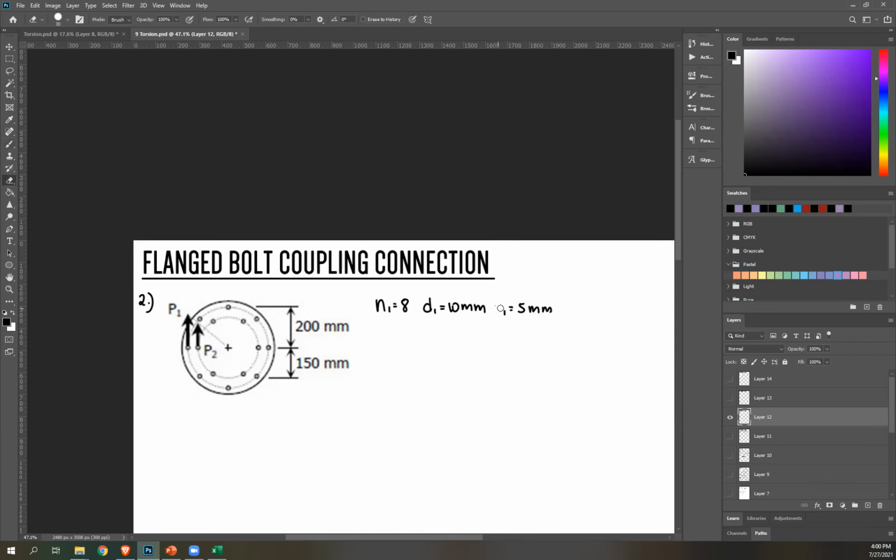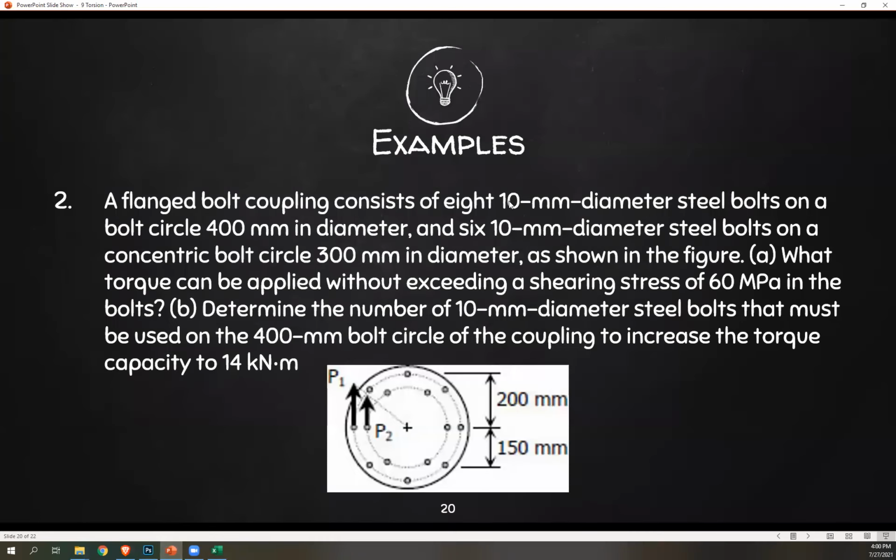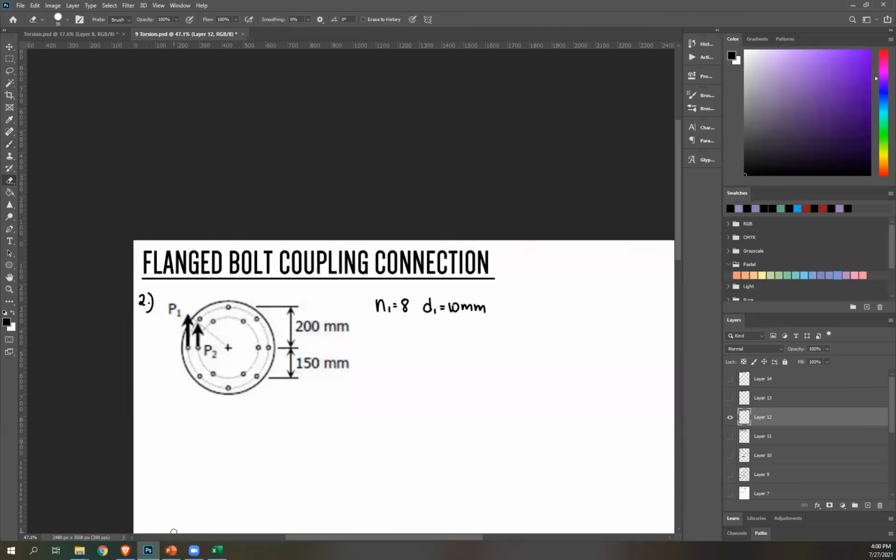Actually, I don't think I need that. And then bolt circle 400 millimeters in diameter. So that's the property of the concentric row. So that's capital R. Or in this case, it's diameter, so capital D, 400 millimeter. To get capital R, that's just divided by 2.